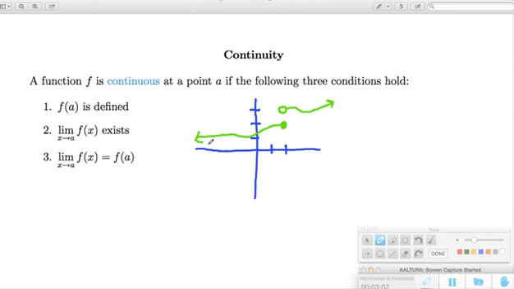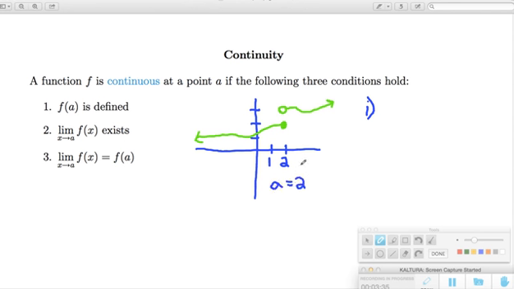But what you can do is check the conditions to see. Well, if you consider condition 1, you need to have the function defined. Let's suppose we're concerned about that point, a equals 2.